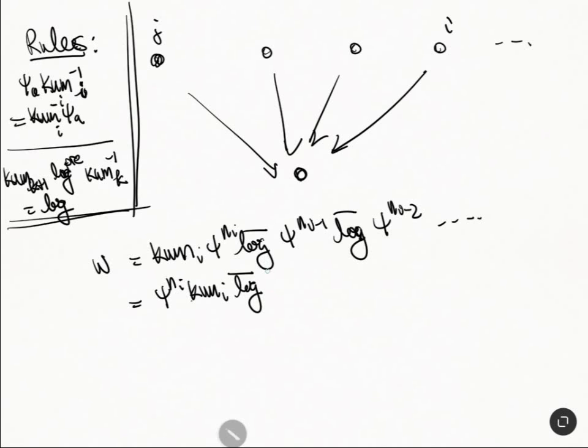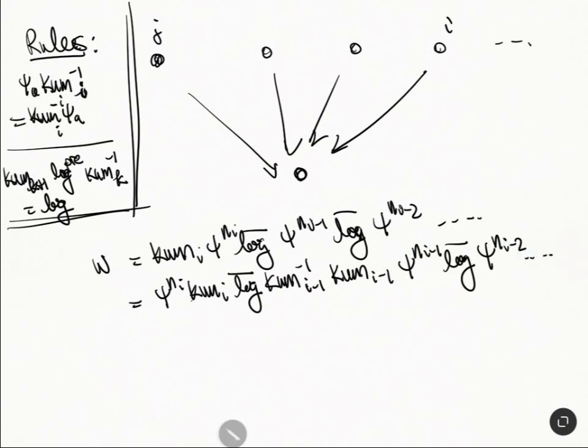Now we're at the I minus first version. So we'll do Kummer I minus 1 inverse, then we'll do Kummer I minus 1. So now we've done this: psi ni minus 1 log bar psi ni minus 2 dot dot dot.